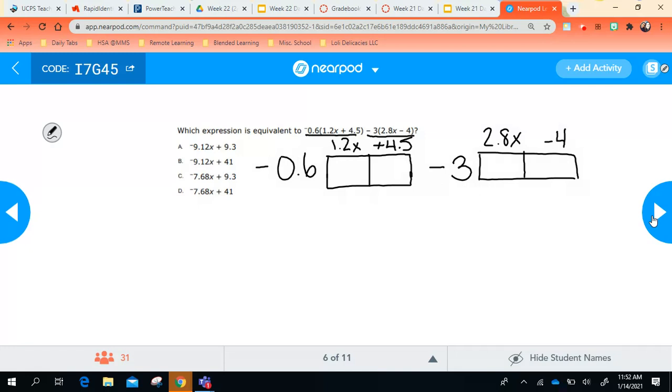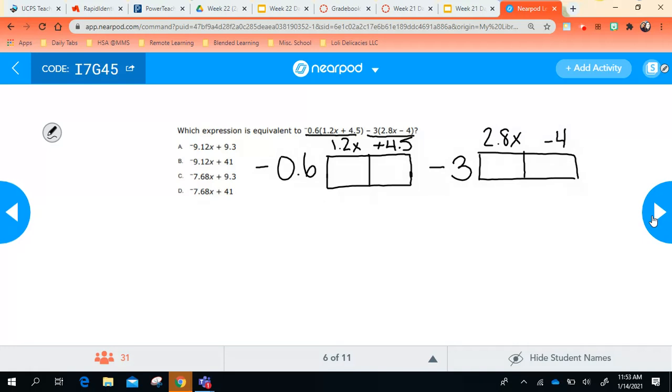Okay, so now when we go to work it out, this is where I tell you, yes, when we did number systems before, we learned our rules. You were not allowed to use your calculator. It is fine for you to do the multiplication mentally and try to figure out your signs as best as you can.